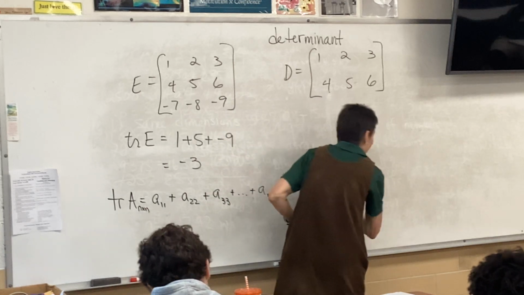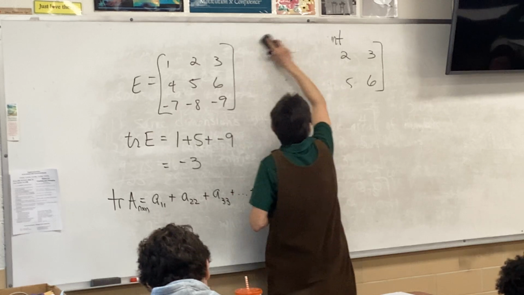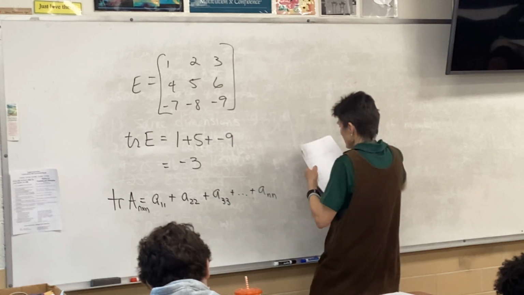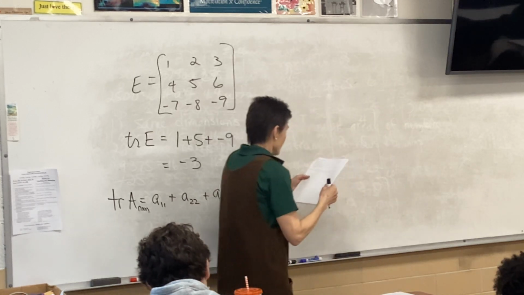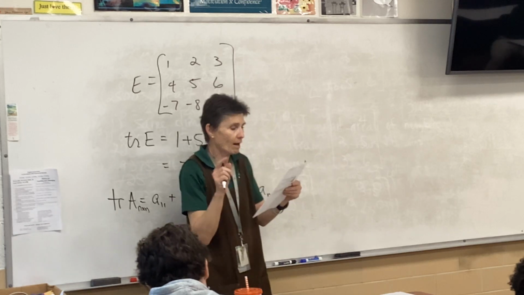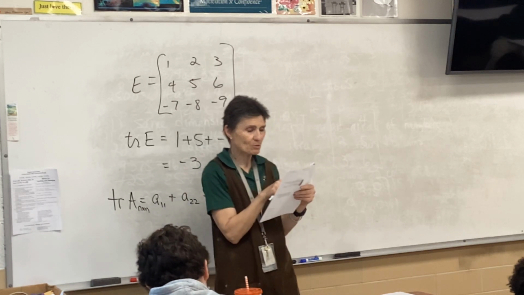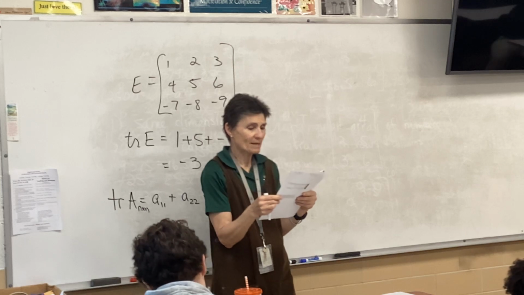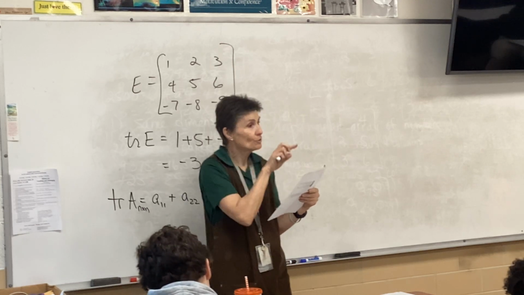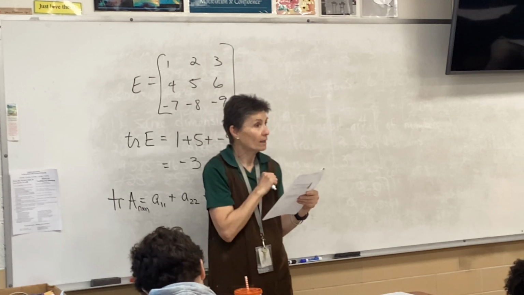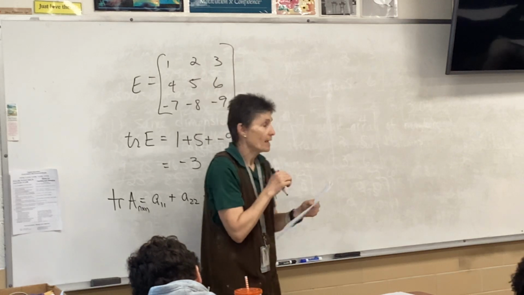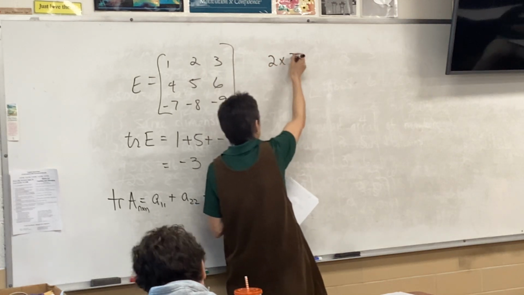All right, let's do some problems here real quick. We'll get a couple done anyhow. So here we go. Number 2, what are the dimensions of matrix B? Look at matrix B. What are the dimensions? 2 rows, 3 columns, 2 by 3. And we write 2 by 3.